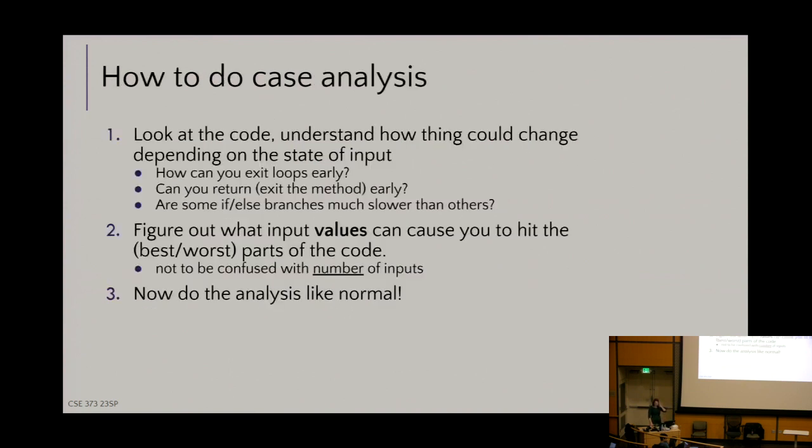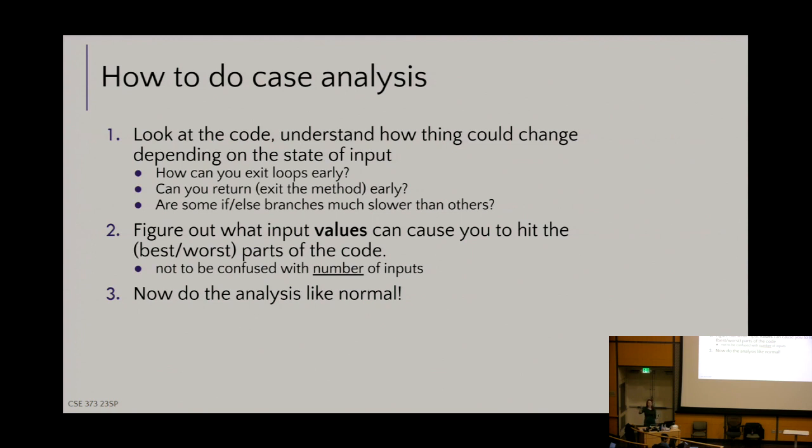Okay, how do I do case analysis? One, we have to look at the code really closely, and ask ourselves how things can change based on the state of the input. Is there a state of input or a search term that would cause me to exit a loop early? Might I return from the method and interrupt my algorithm before it ever finishes running? Those are things that would cause me to do a lot fewer instructions than if I let the loop continue all the way.